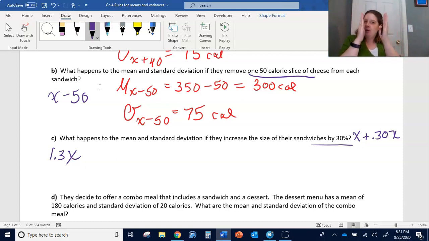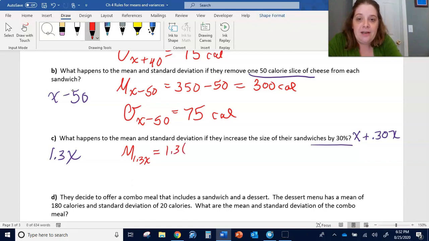So what's going to happen is all my numbers are going to be 130% of what they were before. They're going to be 30% bigger. So the spread is going to change. But the mean is also going to change. Those multipliers are going to affect both of these values. So my mean of 1.3x is going to be the same as 1.3 times that 350. So the calories are going to increase by 30%.